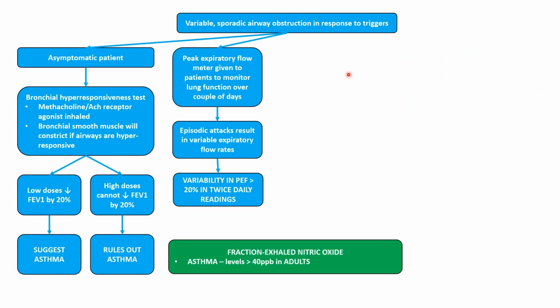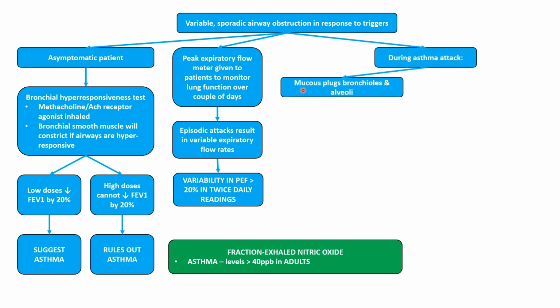So let's just recap some of the investigations in symptomatic patients, so in acute asthma exacerbations. During an asthma attack, we have mucus plugs within the bronchioles, so there's going to be a reduced airway lumen diameter.